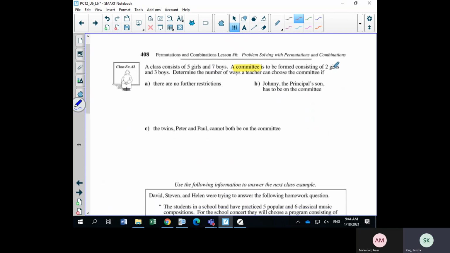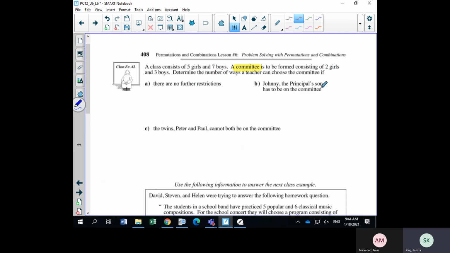They want the committee to be made of 2 girls and 3 boys. So a committee is to be formed consisting of 2 girls and 3 boys. Determine the number of ways we could choose the committee of 2 girls and 3 boys if there are no further restrictions.